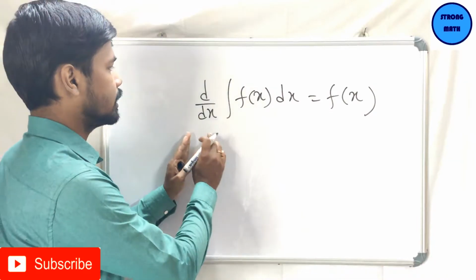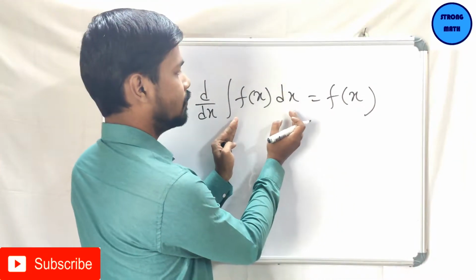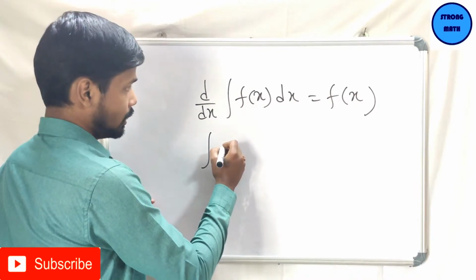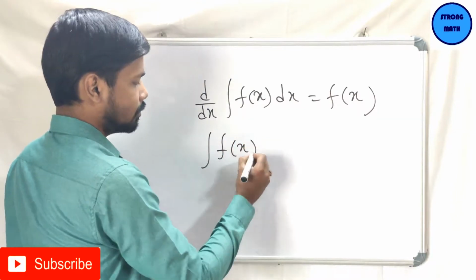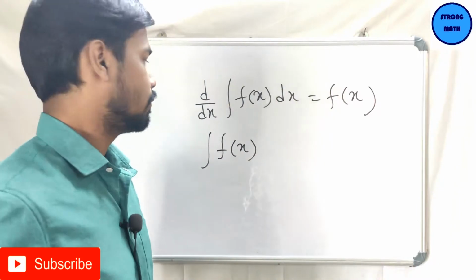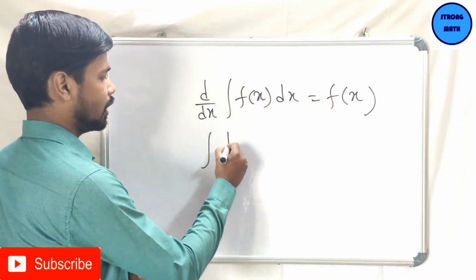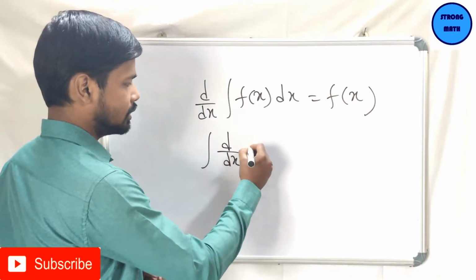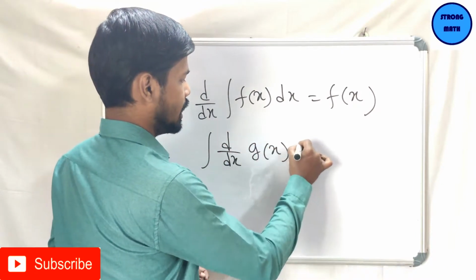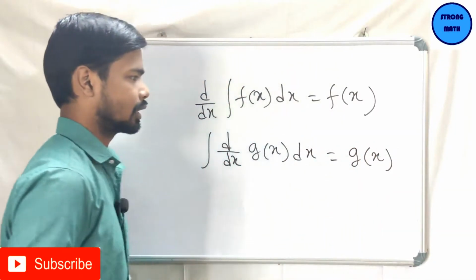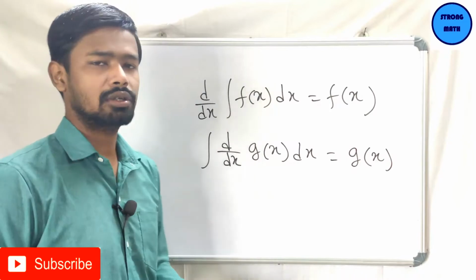Similarly, if we integrate the derivative of any other function, then we will get the function itself. Suppose integration of d/dx of g(x) dx, then we will get g(x) itself. So this is the basic concept.